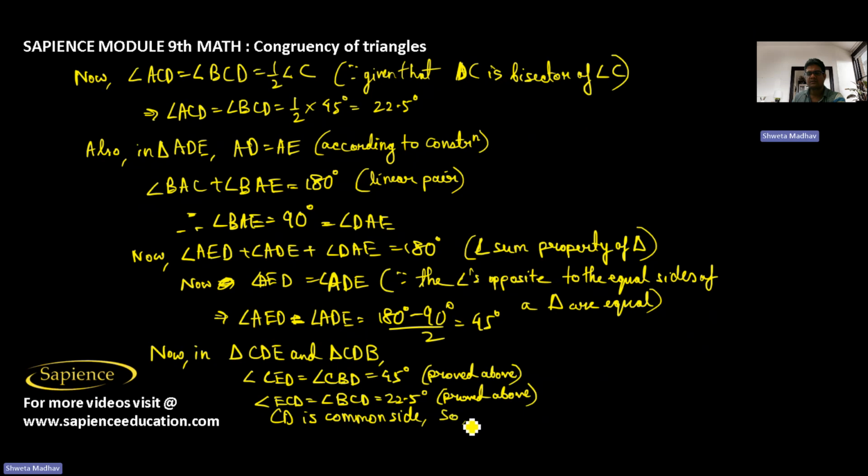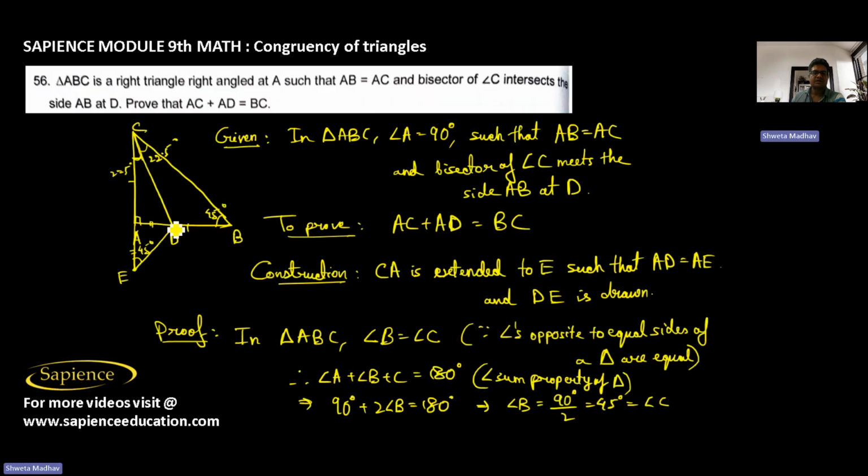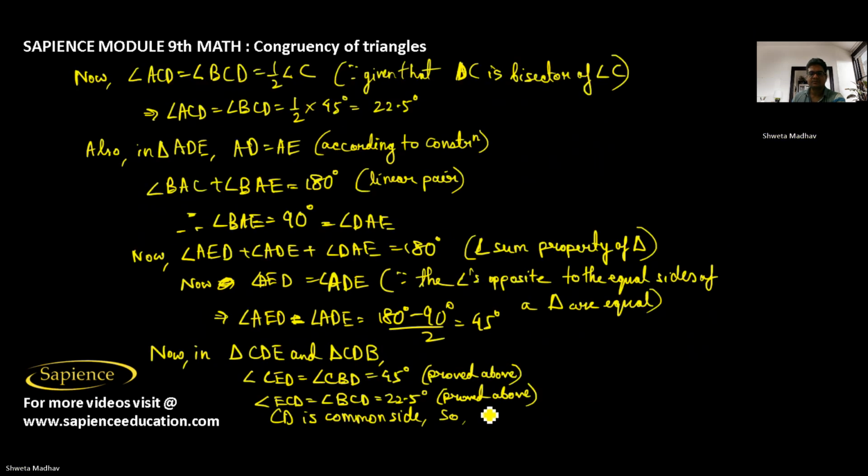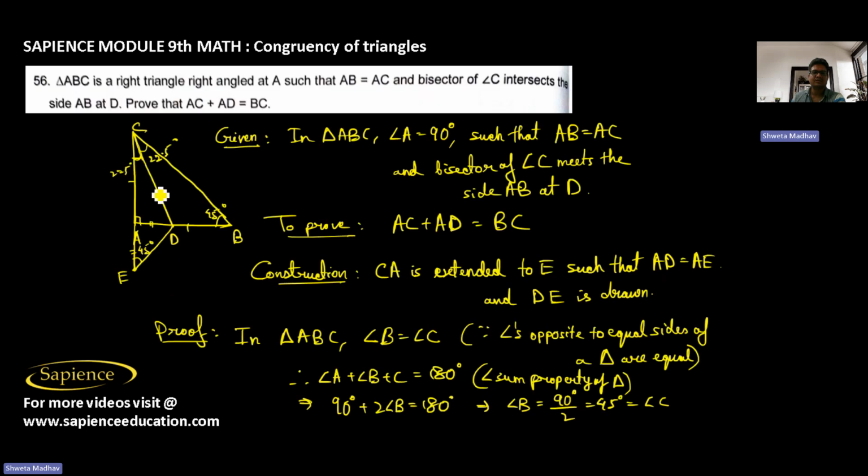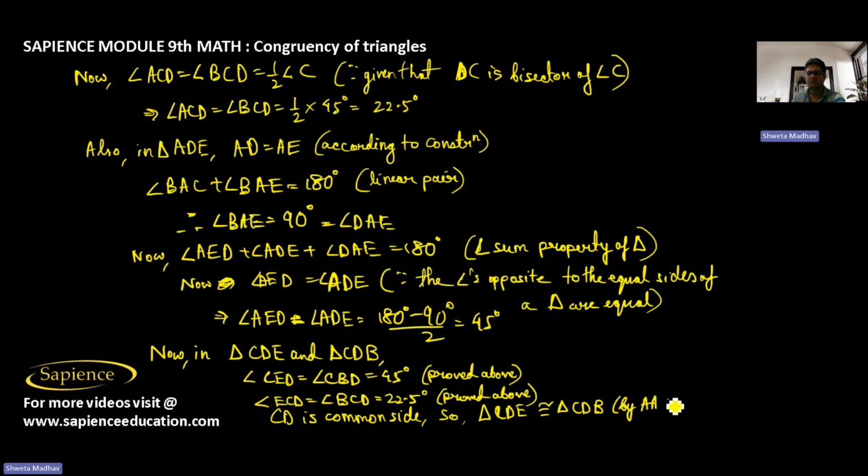So I can say that triangle CDE is congruent to triangle CDB by the angle-angle-side rule, meaning two angles and the non-included side are equal. So by the AAS rule of congruency, these two triangles are congruent.